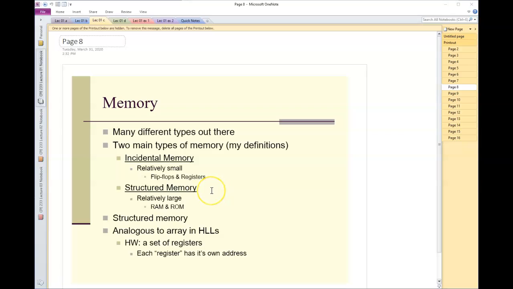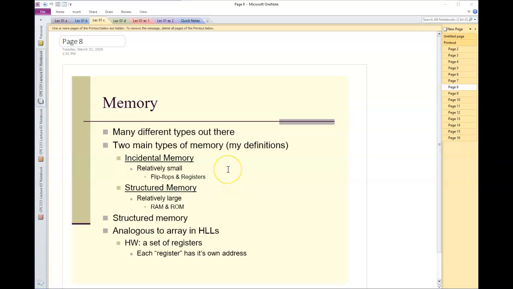I think it's structured memory because if you look at the underlying layout, it has the same regular structure over and over again. In general, hardware-based memory is analogous to arrays in a higher level programming language. In hardware, they're just a set of registers that you can index.